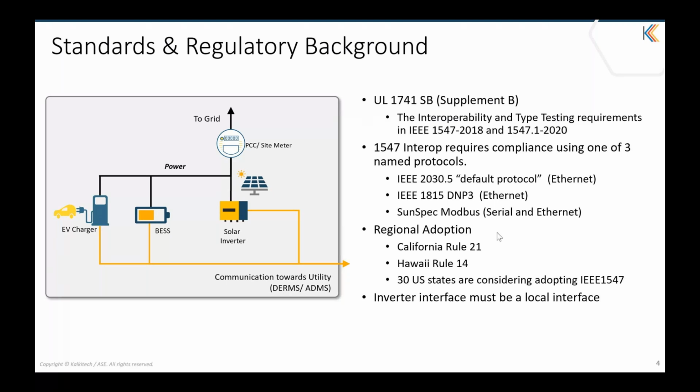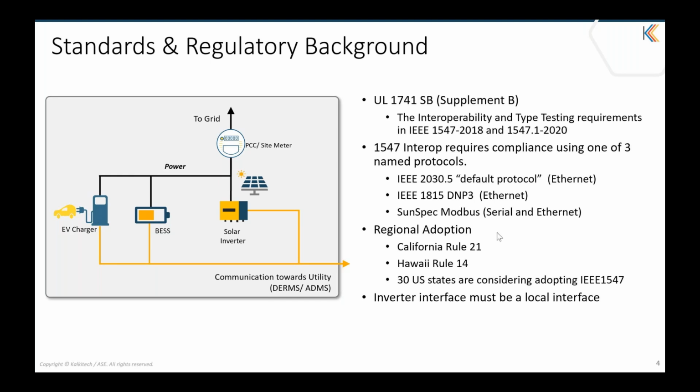You can see that 1547 defines 3 protocols: IEEE 2030.5, which is the default protocol, IEEE 1815, which is the DNP3 standard, and the third option, SunSpec Modbus. So these are the 2 driving standards which define the interconnection of DER with the utilities.